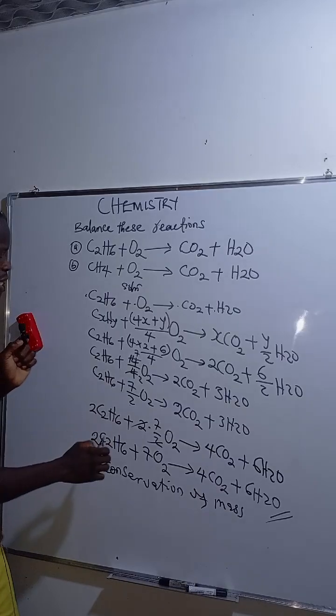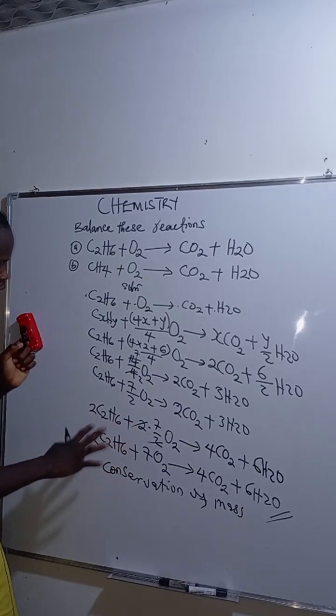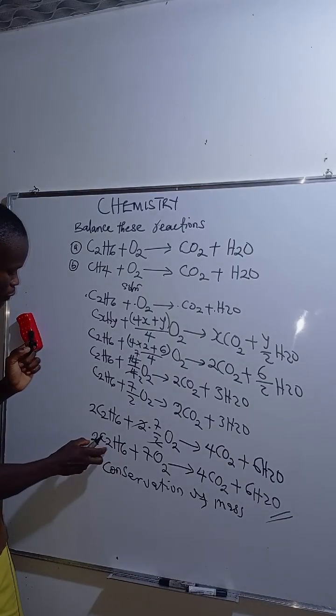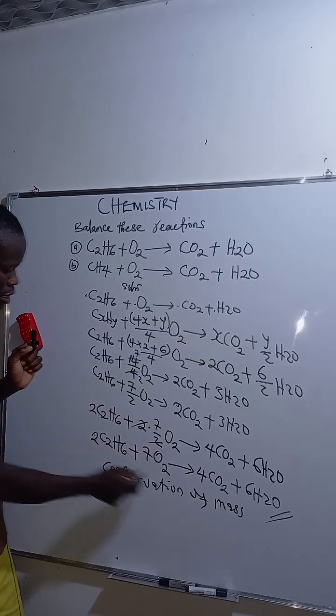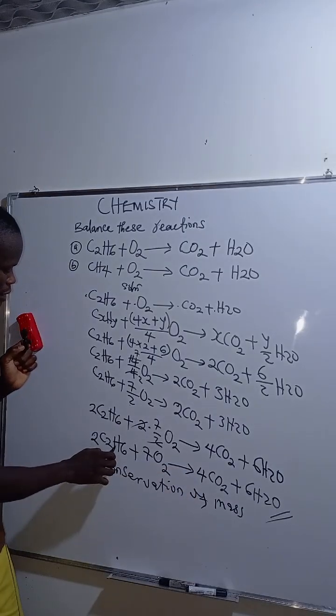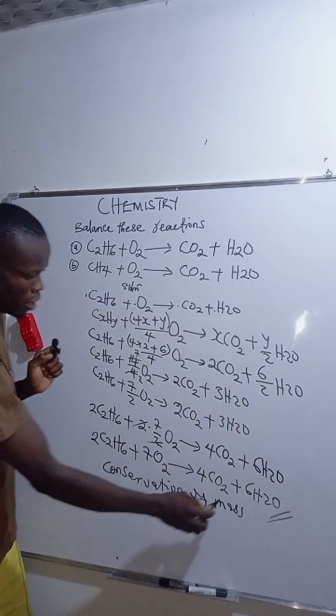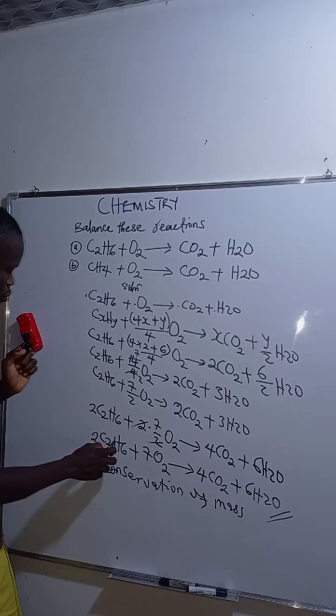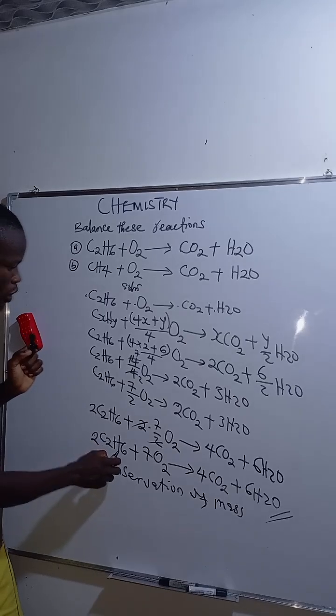So let's check the masses of the reactants. My carbon is what? 2 times 2 is 4 on the reactant side. My carbon here is what? 4. So that one is balanced. Hydrogen is what? 2 times 6 is 12.